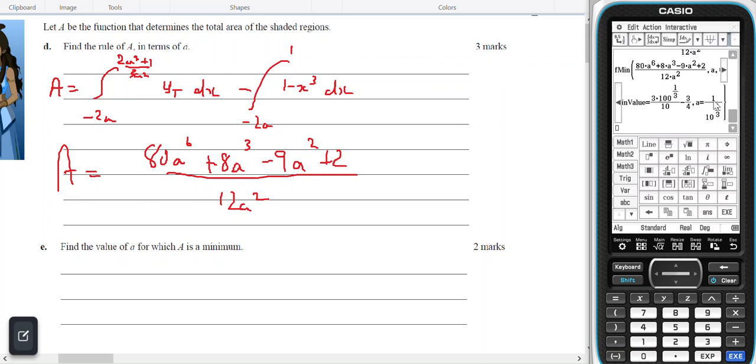And that gives me an A value of A equals 1 on top of 10 to the 1/3.